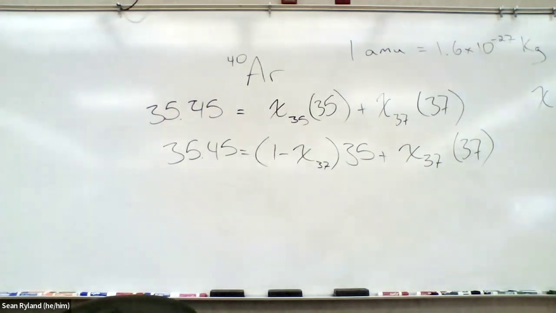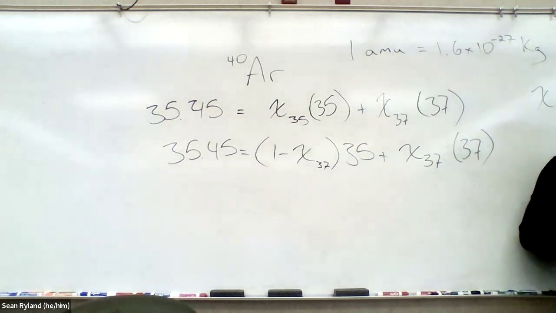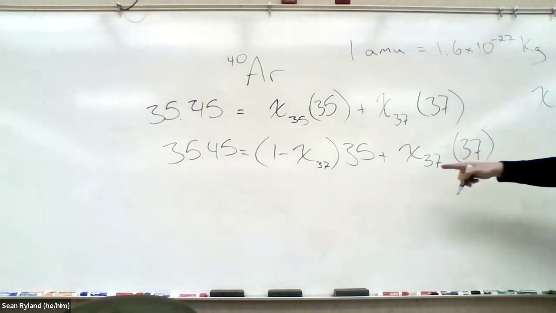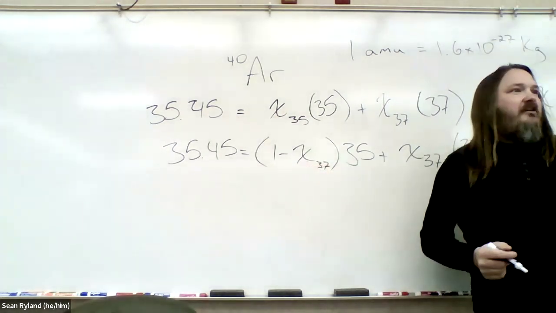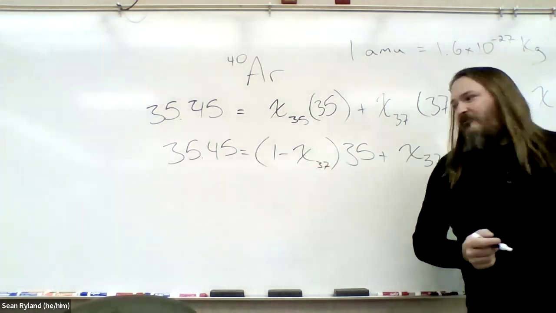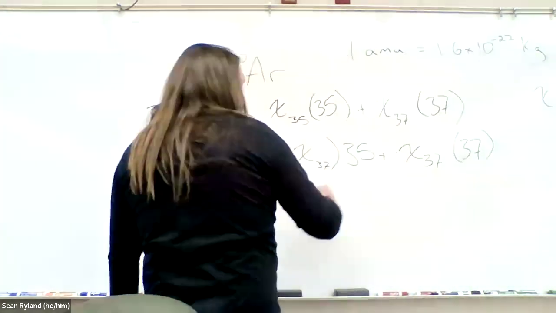Is that something we can solve now? Subscripts make it look a little bit weird, but at least the chi kind of looks like an x, and you're used to solving for x, right? But algebra doesn't really change just because the variable is something besides an x. So distribute, combine like terms, and solve for chi-37.